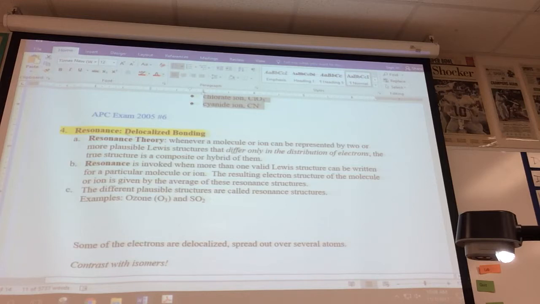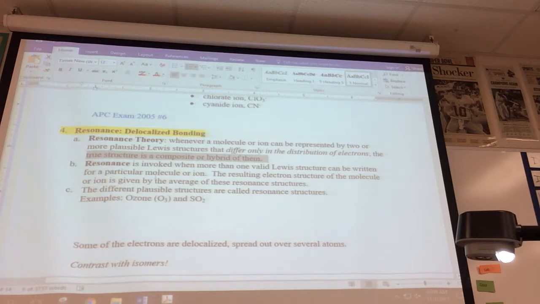With resonance, you have delocalized bonding. What you're looking at here is if you have a molecule or an ion that can be represented by 2 or more plausible Lewis structures that differ only in their electron distribution, we say that the true structure is actually a composite or a blending, a hybrid of those structures.